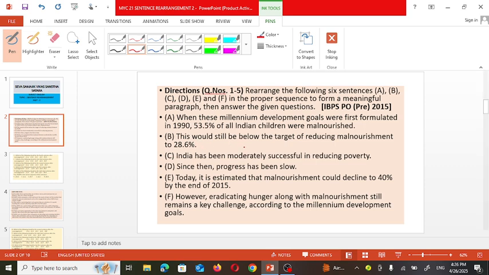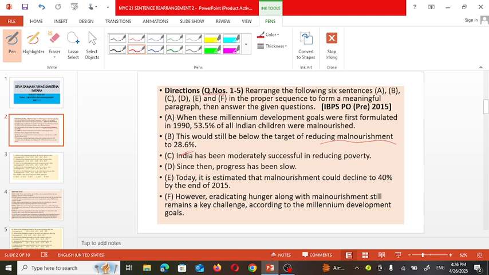This would still be below the target of reducing malnutrition to 28.6%. Next sentence: India has been moderately successful in reducing poverty. Next one: Since then, progress has been slow. So, from when has progress been slow?